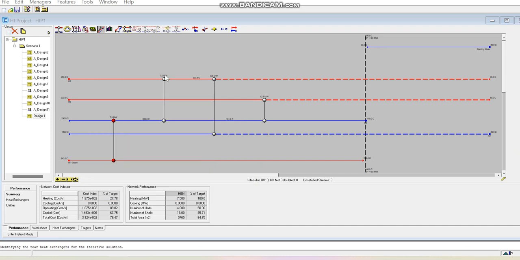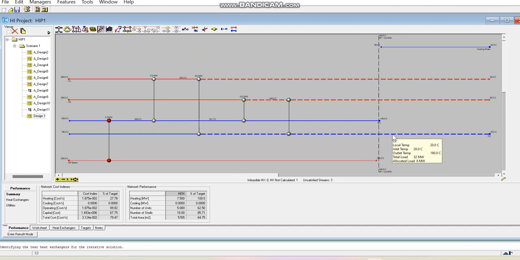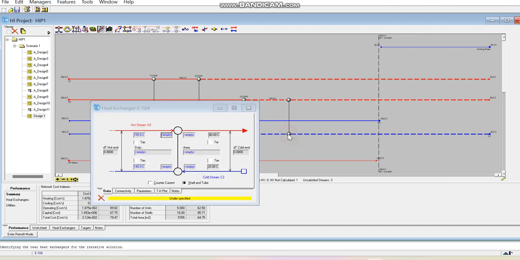Okay, now we are doing a design below the pinch. For that, I'm going to place a heat exchanger between these two streams. Okay, this is the heat exchanger. Double click on it. So the hot is entering at 150 here.